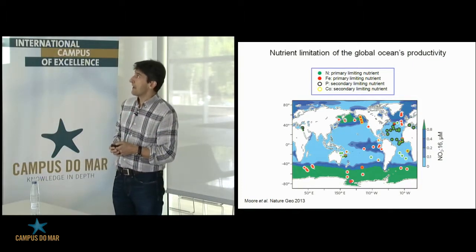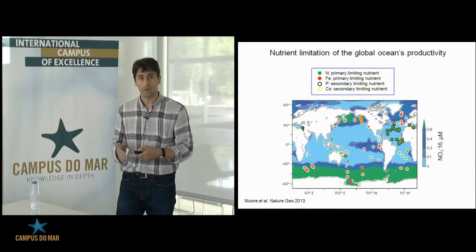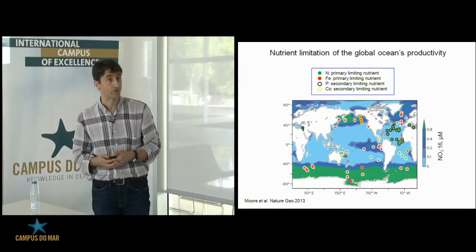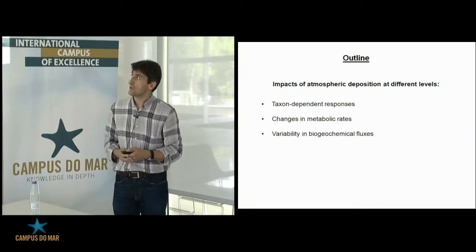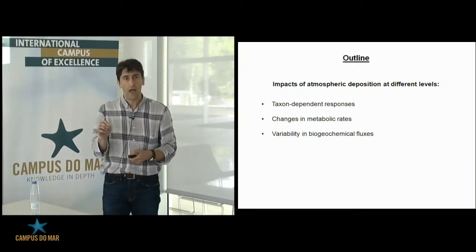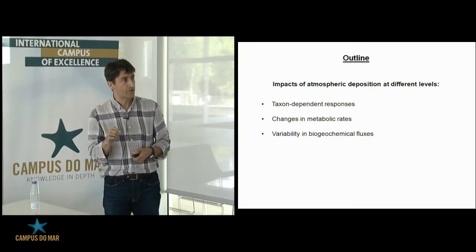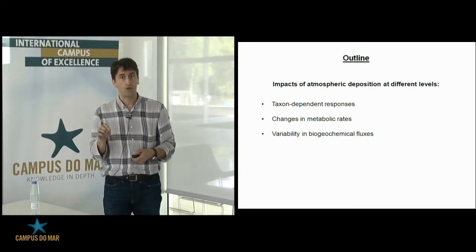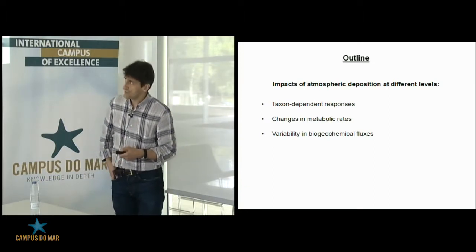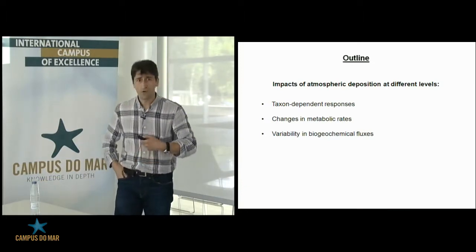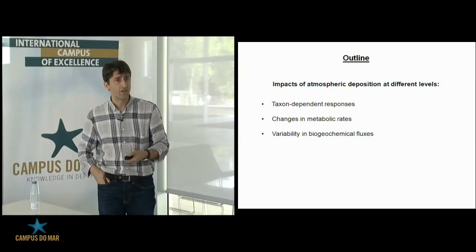So basically, that's the background to the story. And the way I've organized this overview is I will be trying to show how different taxa can respond differently to atmospheric deposition events, and in particular to dust deposition events. So I want to emphasize the different components of the community.